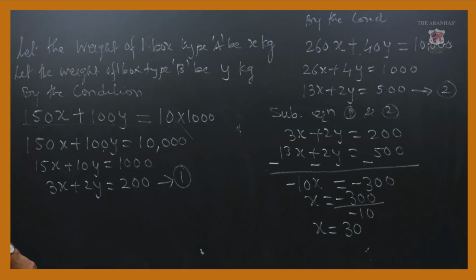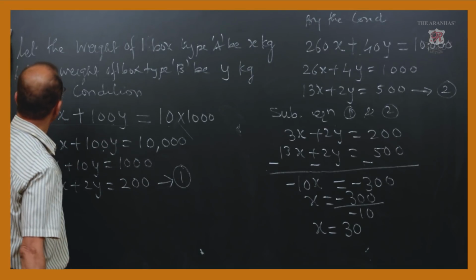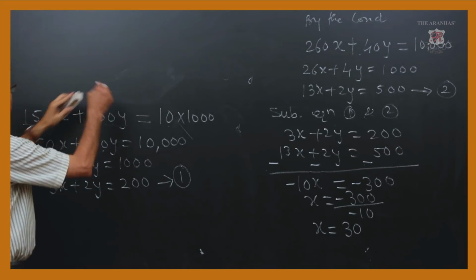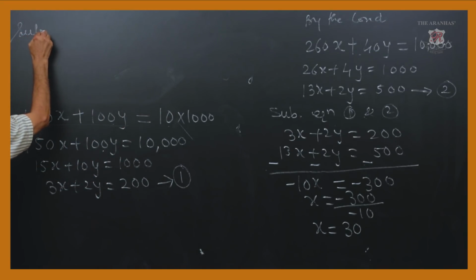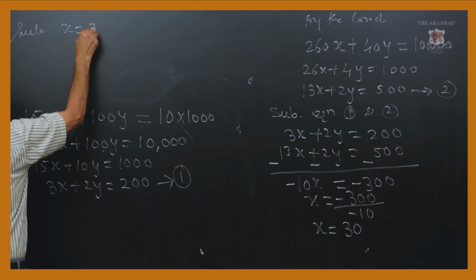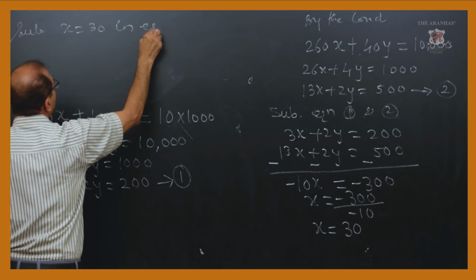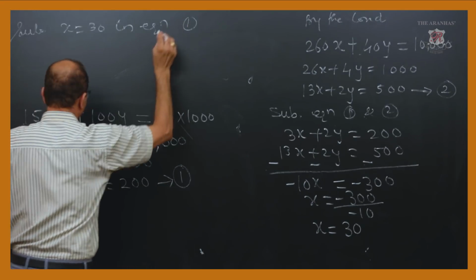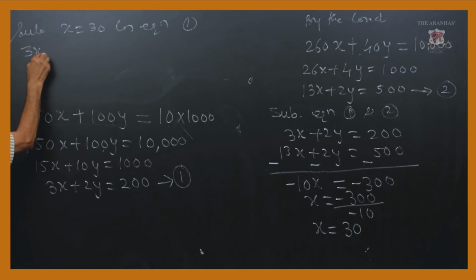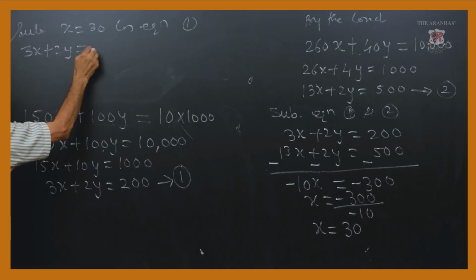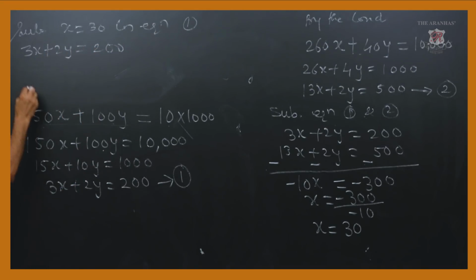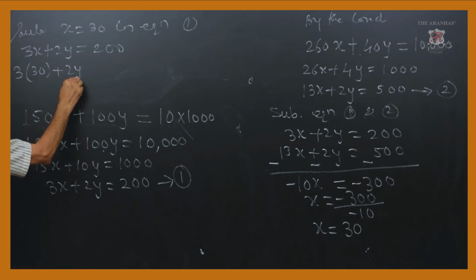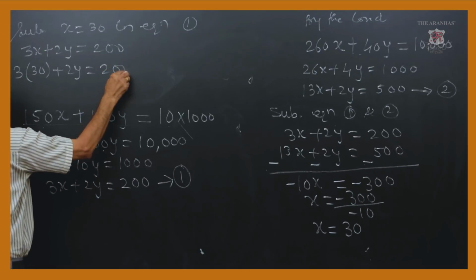So, I will substitute x equals to 30 in equation number 1. 3x plus 2y is equals to 200. 3, what is x? 30 plus 2y is equals to 200.